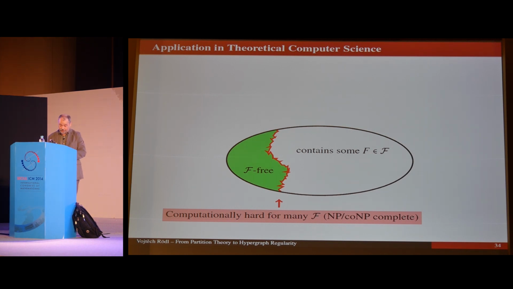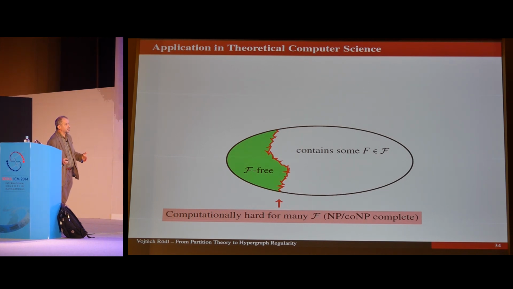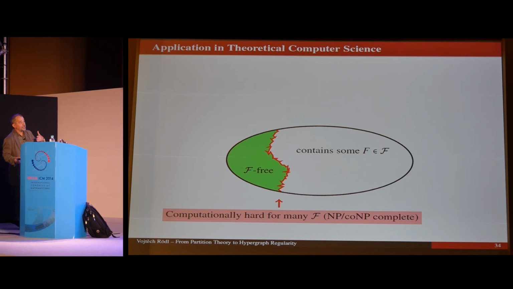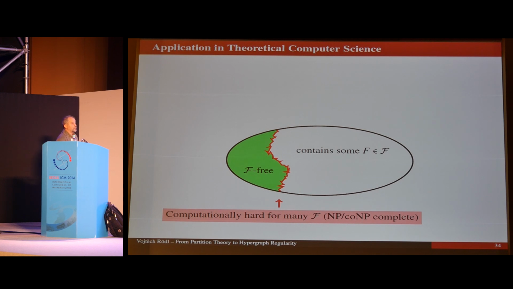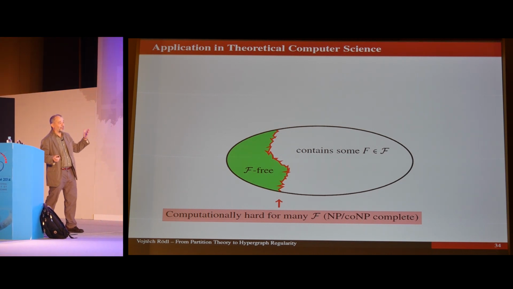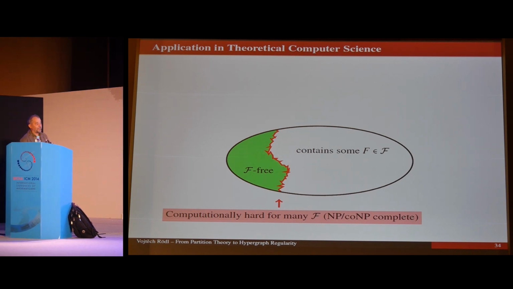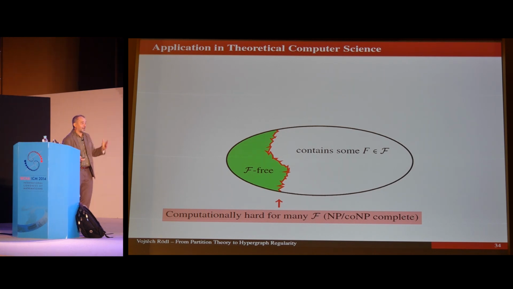So for example, if we take the family F4 of all 4-chromatic graphs, as we discussed in the previous paragraphs, the F3 class will be precisely those which are 3-chromatic. And this is well known to be an NP-complete problem. It's a classical NP-complete problem whether a given hypergraph, or sorry, graph is 3-colorable.